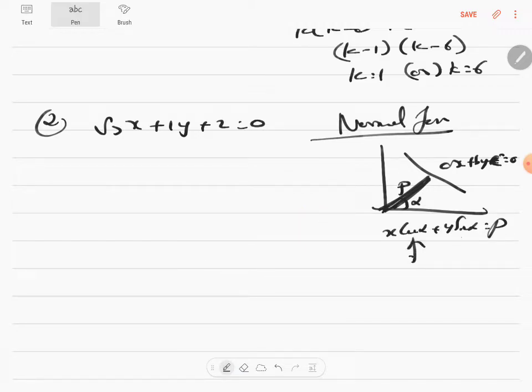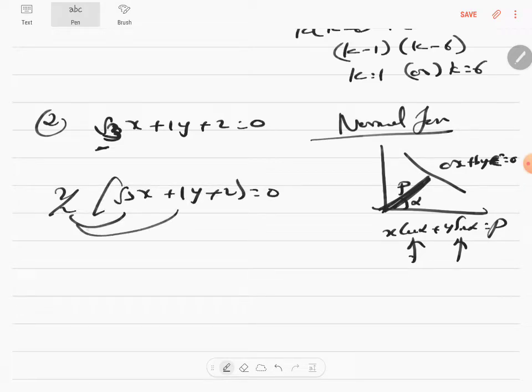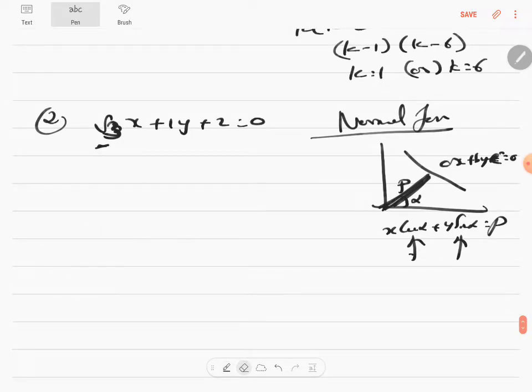In order to get a cos and sin, you have to multiply and divide by 2. Before that, the right side is equal to p, which stands for the distance. So take it to that side. Root 3x plus 1y is equal to minus 2, and the distance cannot be negative.